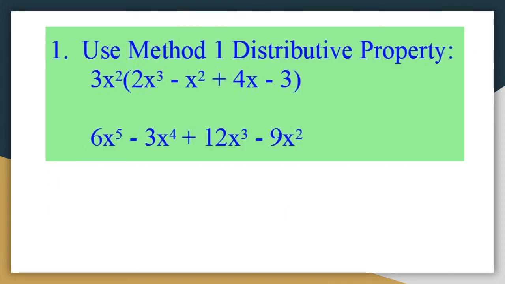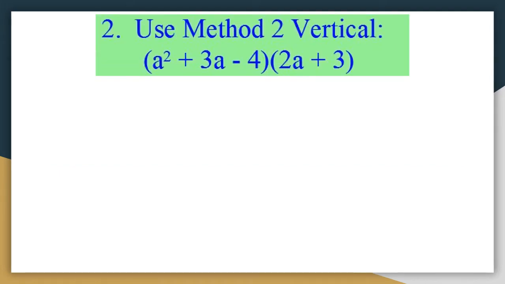If you recall, we used the distributive property, which I'm sure all of you already knew in the previous lesson. We take that value out front, that monomial, this one term, and multiply it by all of the terms inside the parentheses. Well, there's also a vertical method we could use.